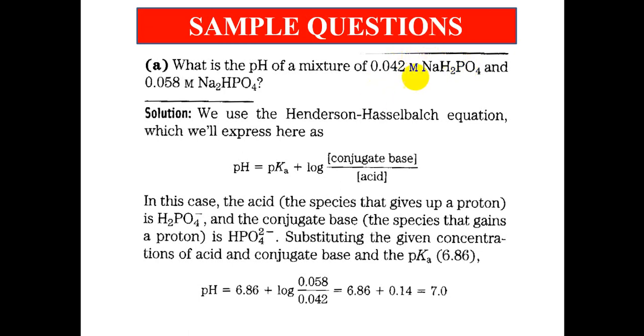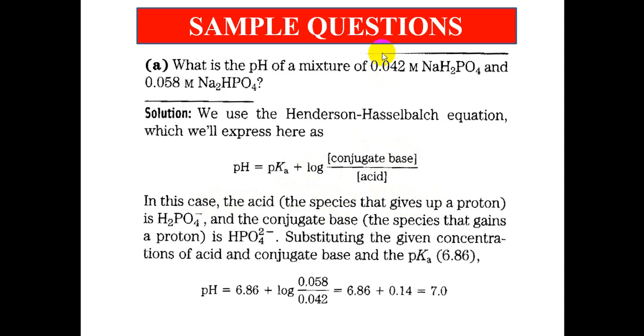We use the Henderson-Hasselbalch equation, which we express as pH is equal to pKa plus log of conjugate base over acid. Always remember, conjugate base is the base over the acid. You have to choose this formula. The acid is the species that gives out the proton.